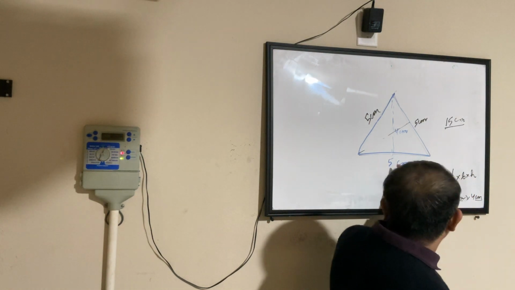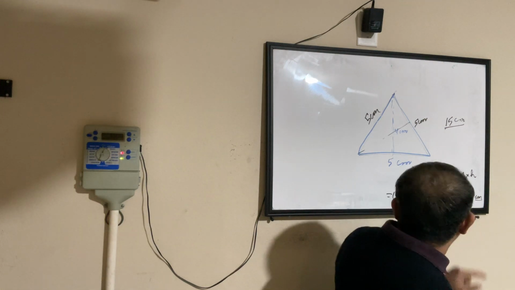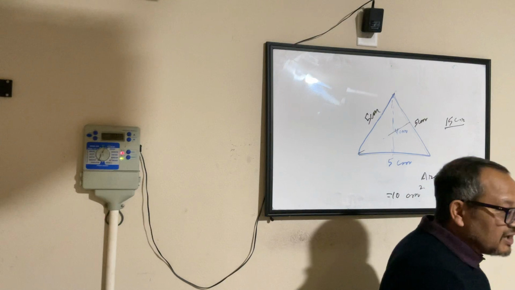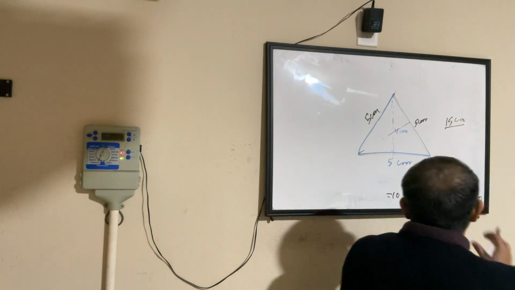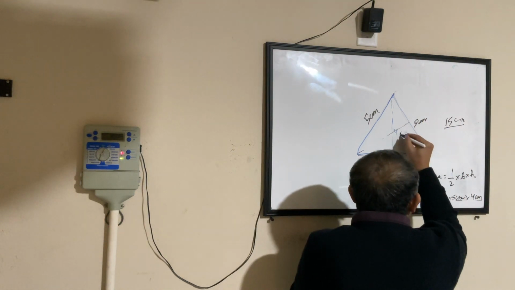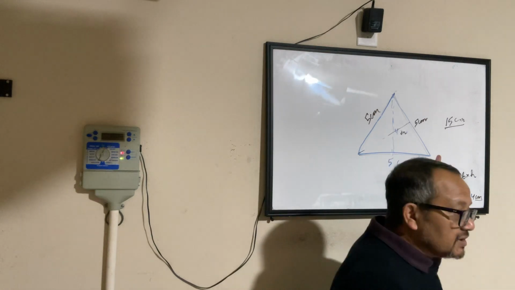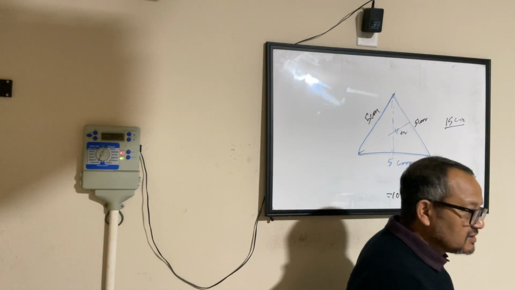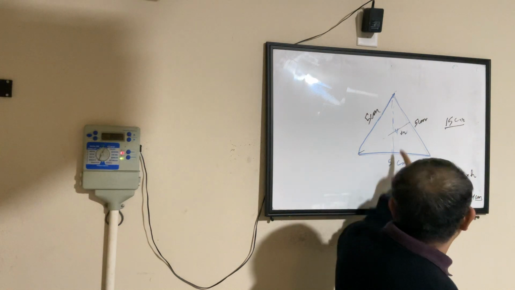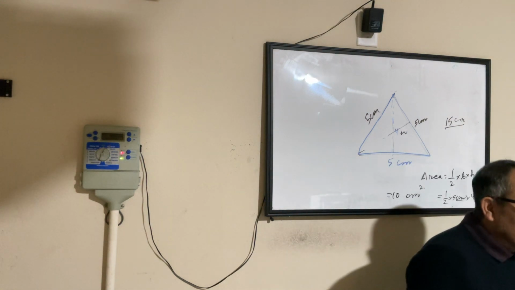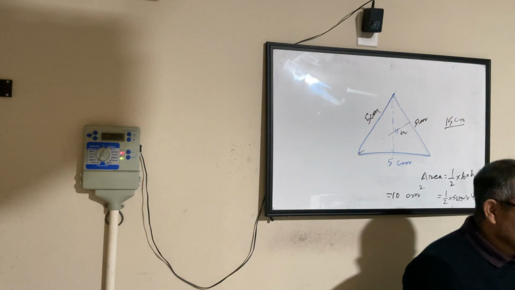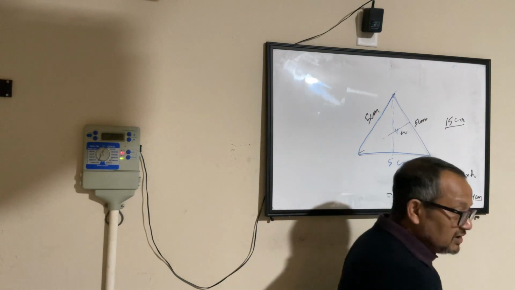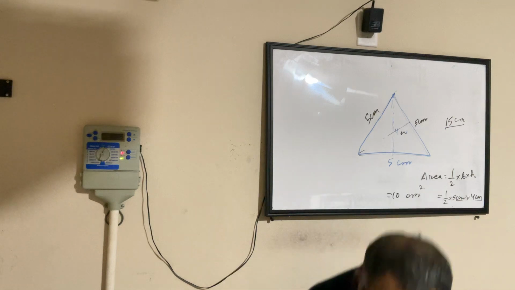If I have 5 centimeter, I have 4 centimeter, I'll say that. Sometimes, if your teacher is having some plan to bother you, it's okay, this is 4 inches. Then you are stuck. You have to convert that into 1 unit before you can play with this. You cannot multiply centimeter with inches, like you cannot multiply apples with bananas, correct? Same way. So this is the area of a triangle.